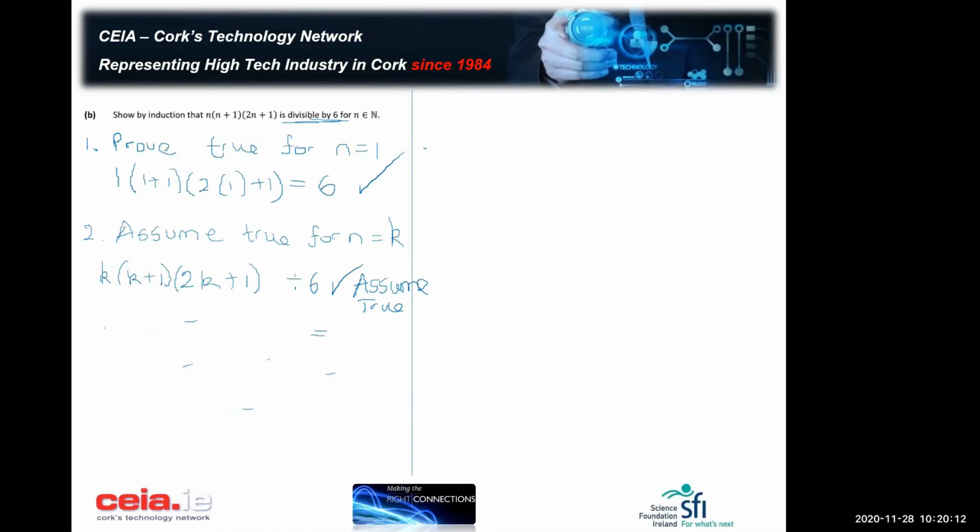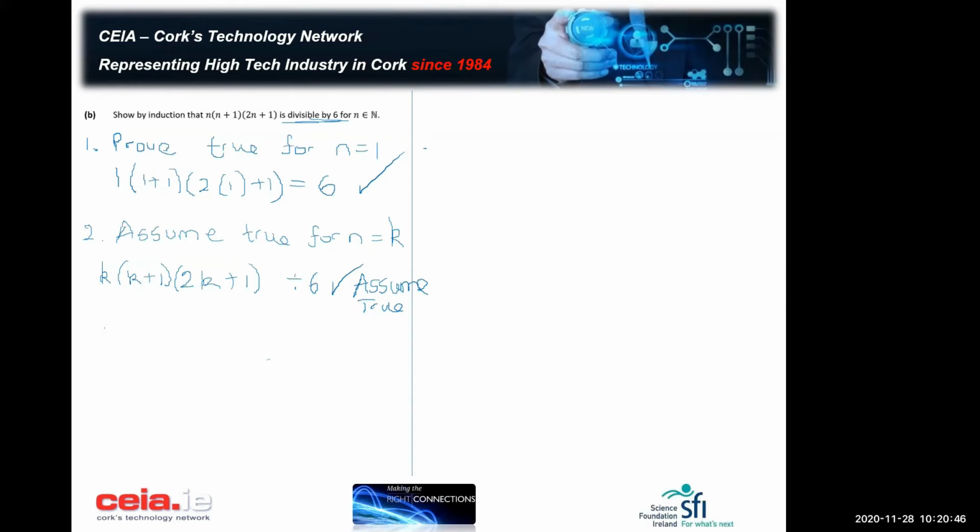Okay. Sorry about that. Thank you for the question. So the k is literally just a letter that represents any number. They're asking you to show by induction that n times (n plus 1) times (2n plus 1) is divisible by 6. So the steps required are that you prove it's true for n is equal to 1, where you give it a real number, and then you must assume that it's true for n is equal to k.